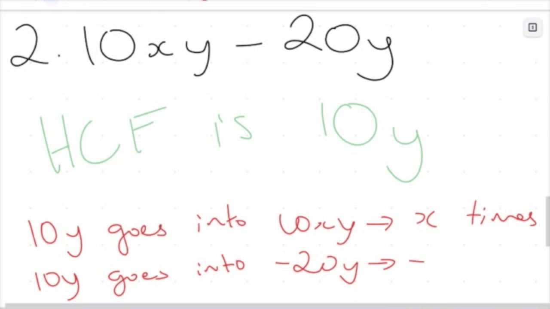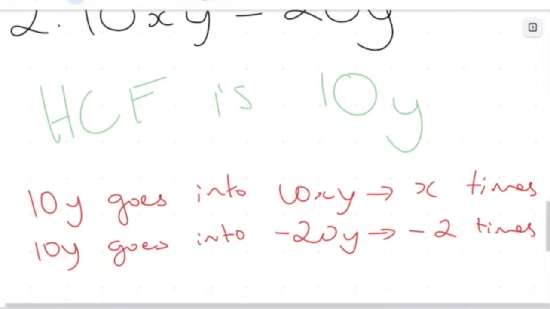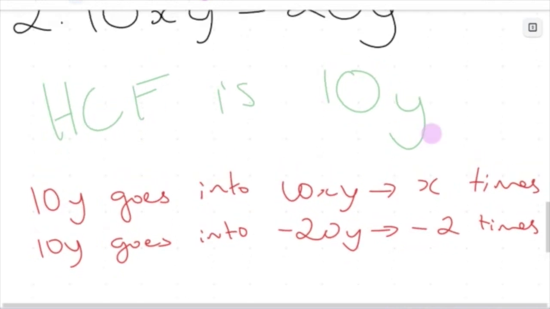Well, it goes into it negative 2 times. So now I have my inside the brackets terms. This is what is going to go in my brackets when I pull out my highest common factor of 10y.